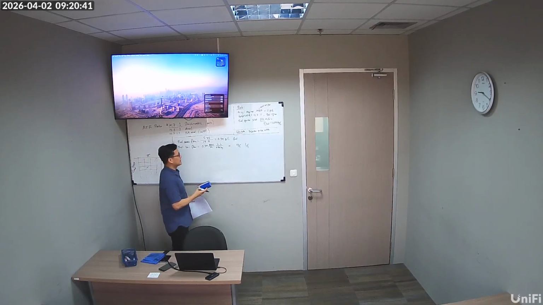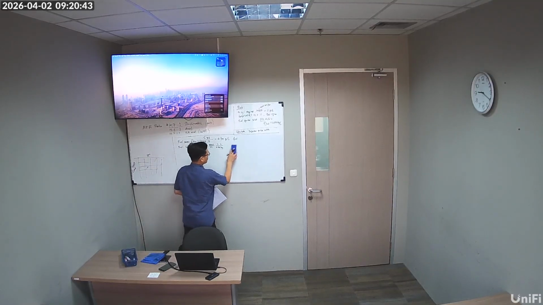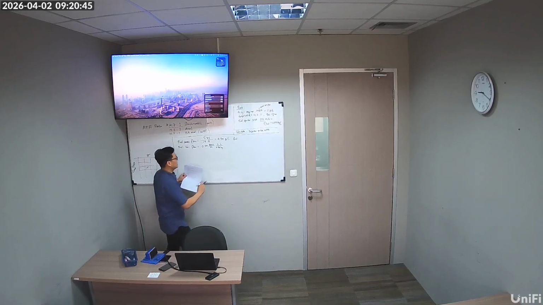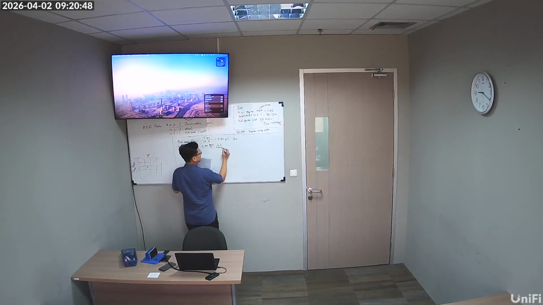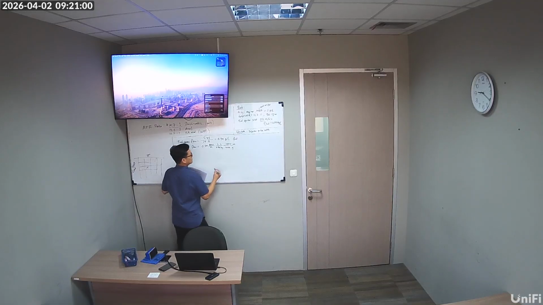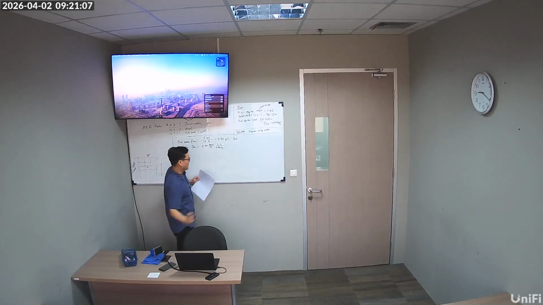Now cc is milliliter. So therefore, if I want cc, and this is kilograms, right? So I have to multiply by 1,000 grams to make it into grams, and I have multiplied by 1,000 to make it into milliliters, right? So if I want to be proper, I'm gonna make this a bit long.